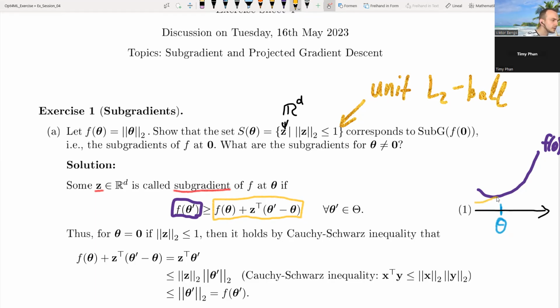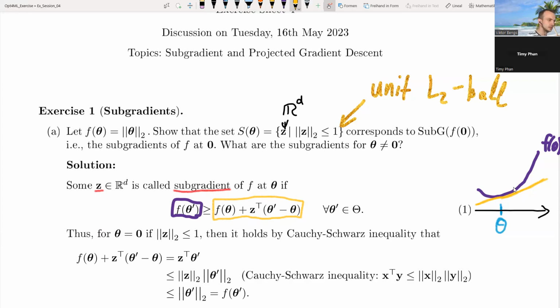then if we can find a slope, which is specified by the z, by the subgradient, such that the entire linear function is below the function f, then this vector corresponding to the slope is a subgradient.